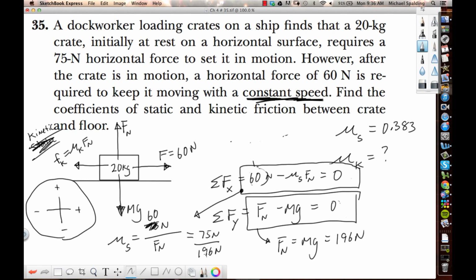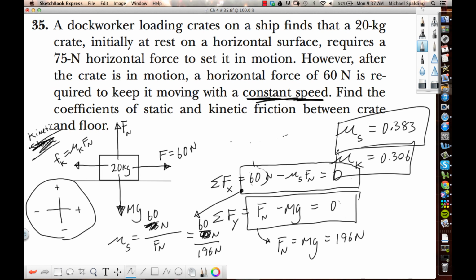Did the normal force change? Nope. Normal force is still the same. So now it's going to be 60 over 196. This gives us a mu k of 0.306. So those are the answers. Mu static is 0.38.